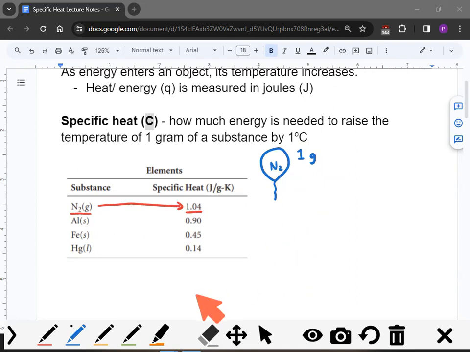Now, you see how the number right here is 1.04, right? So if you put 1.04 joules of energy into this gas, that means it's going to increase the temperature by 1 degree Celsius. Okay, so that's pretty much what specific heat is.